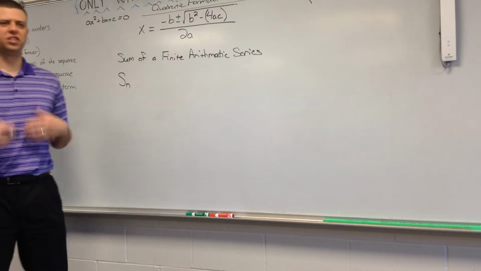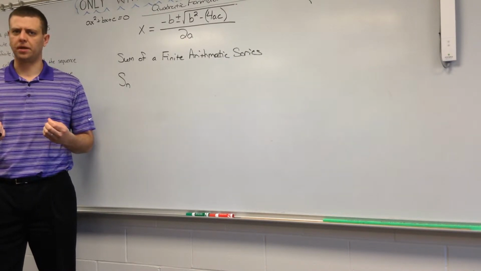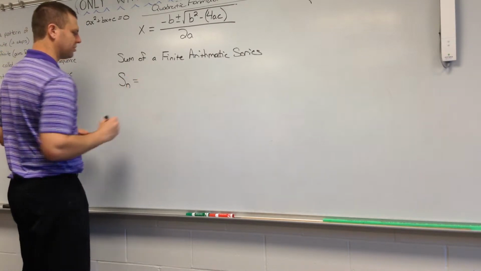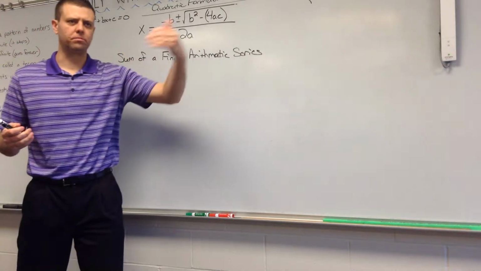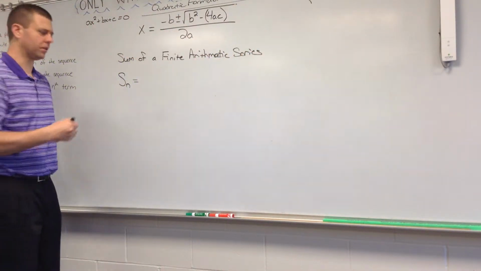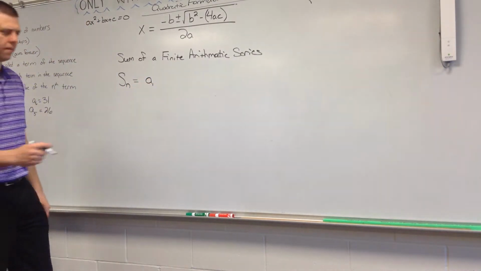S sub n represents the sum of all the numbers. In an arithmetic series, we're going to add all the terms together. What's the first term always? A sub 1, right?